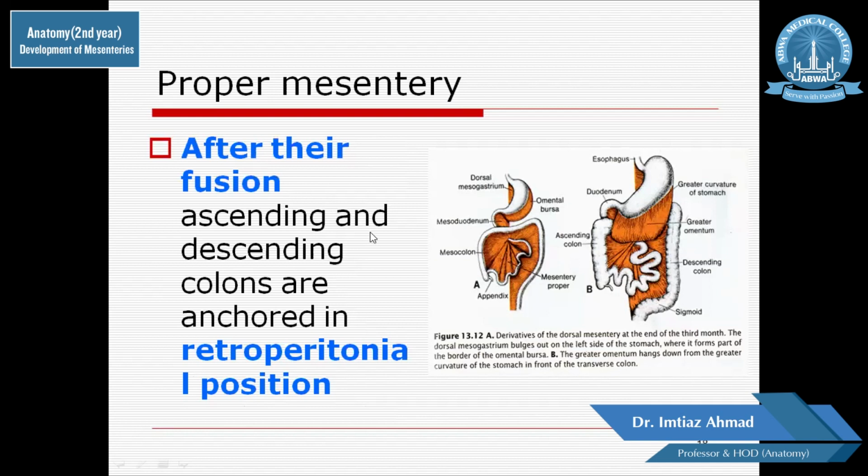After the fusion, they are anchored to the posterior abdominal wall, and we say they are now in the retroperitoneal position. No more mesentery, but attached directly to the posterior abdominal wall by the absorption of the mesentery of those regions.